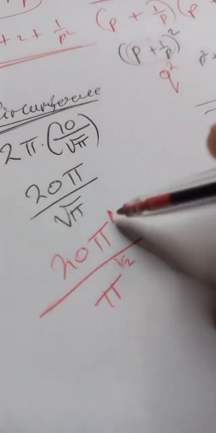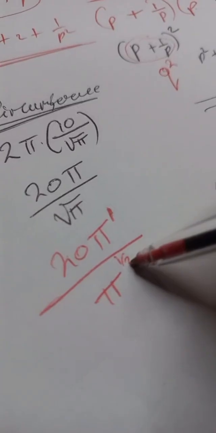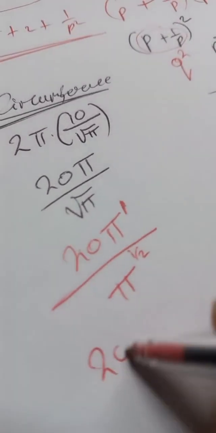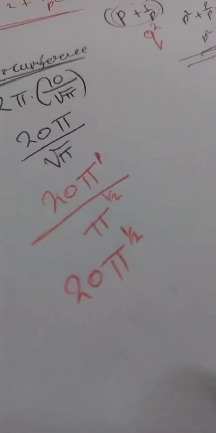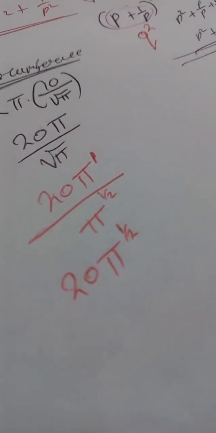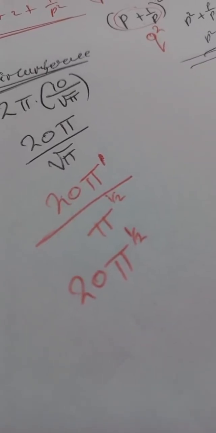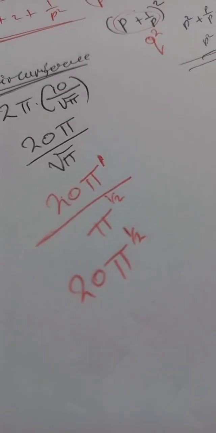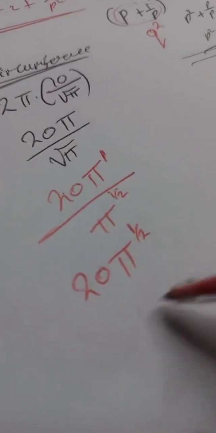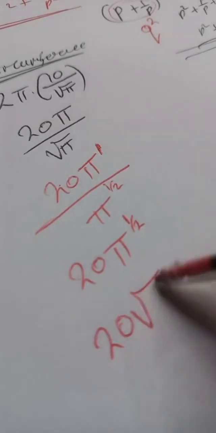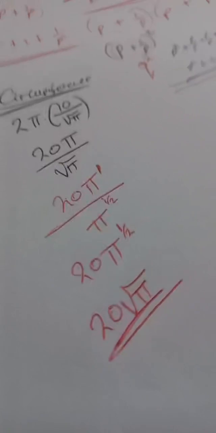The exponent is 1, so it's going to be 1 minus half, which is another half. So it's going to be 20 pi to the power half. Then remember our question said leave it in surd form. 20 square root of pi. This is our circumference now.